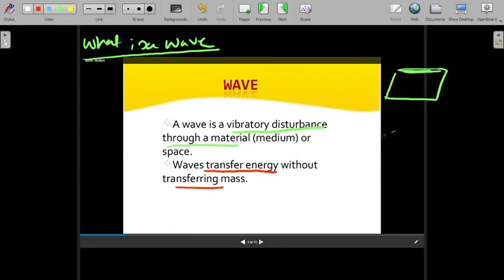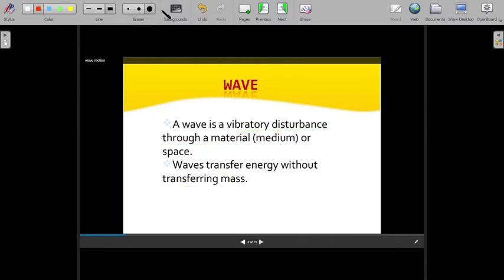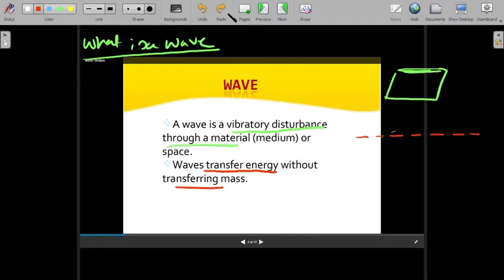Suppose this is a wire. We have all done this: if we touch this with our hand and shake the wire, it goes like this.